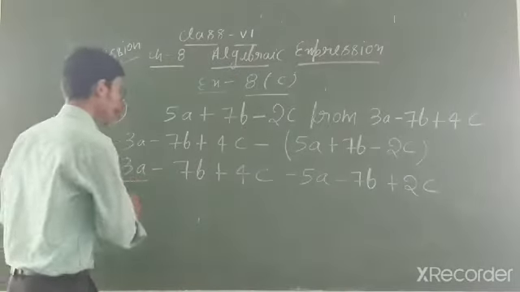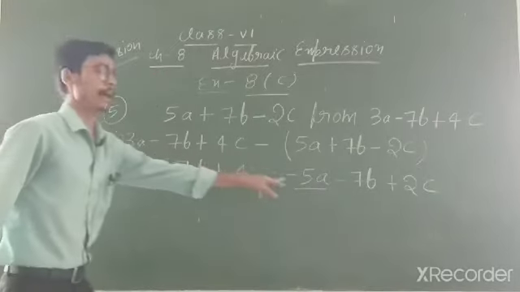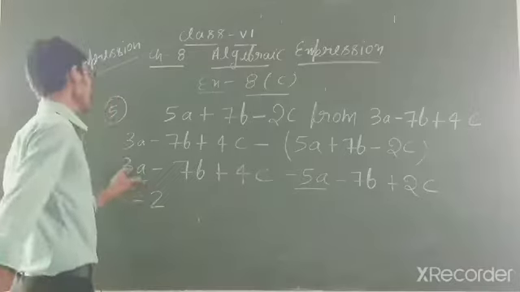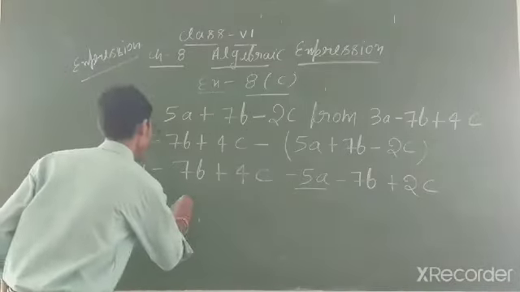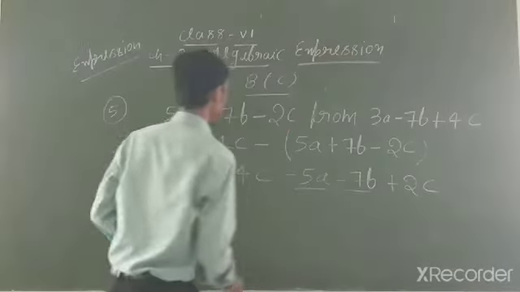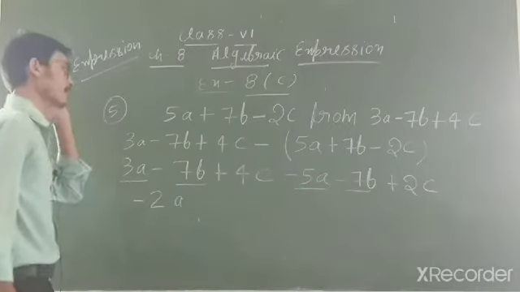Here now 3a, where 3a? Here -5a. You know that 3 minus 5, it will give what? It will give -2. Why -2? Because 5 is more than 3 and 5 having minus sign, so you will write down -2a. Then 7b is given and -7b is given. Now -7b and -7b, so minus minus, I explain student what?